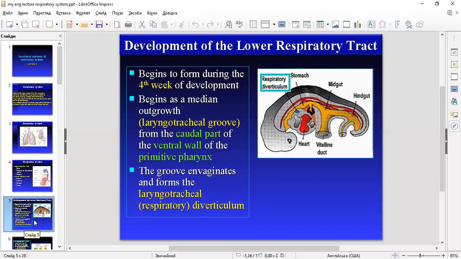The groove invaginates and forms the laryngotracheal diverticulum or respiratory diverticulum.